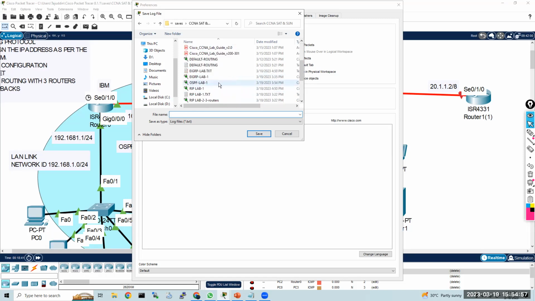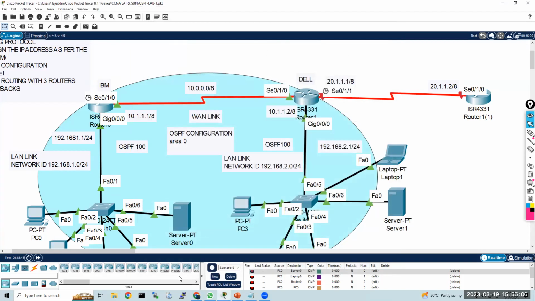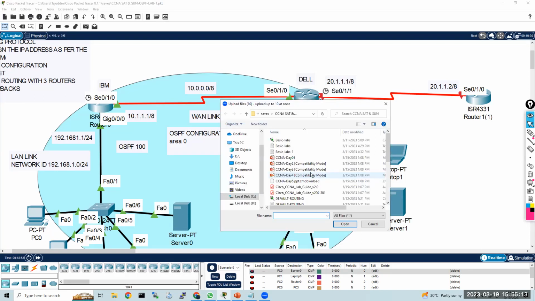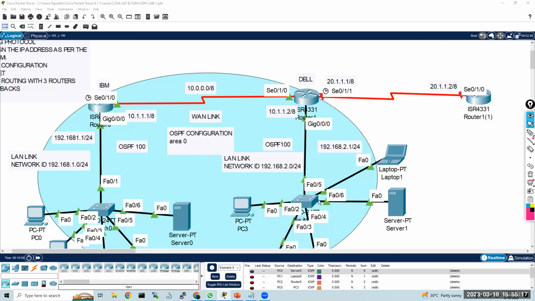OSPF lab1.txt. Okay, let me send you these files. I hope you received this, right?